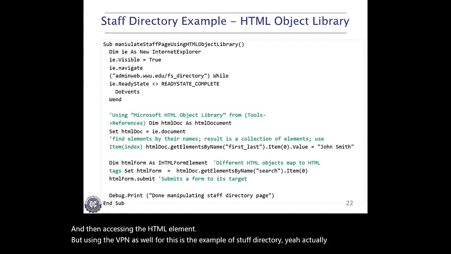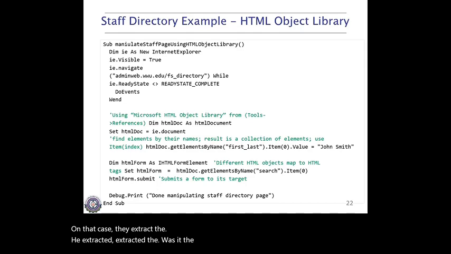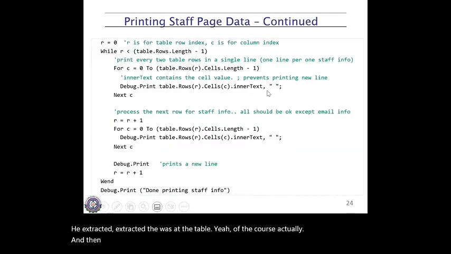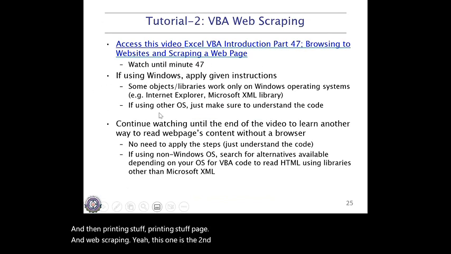I saw in the video how they extracted the table of the courses. Then printing the staff page, and web scraping, this one is the second part: how to scrape by using VBA.